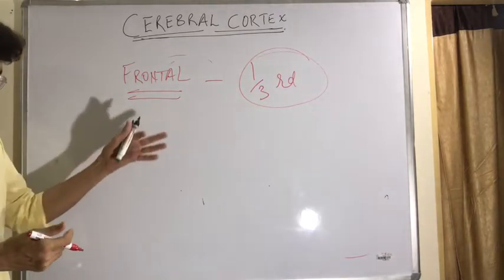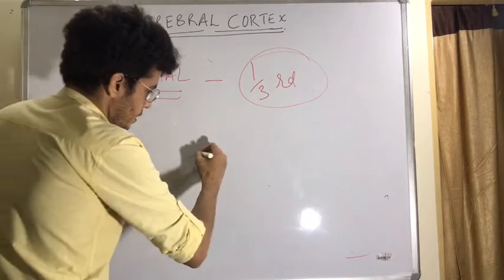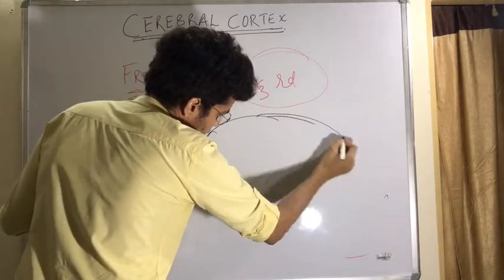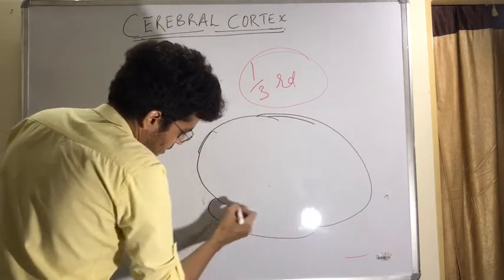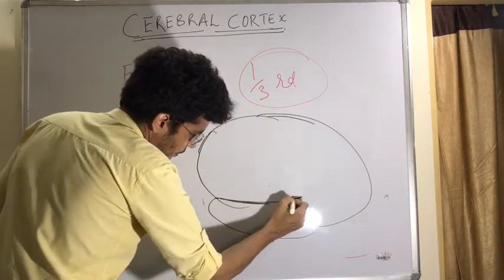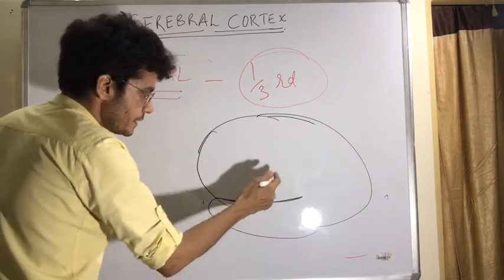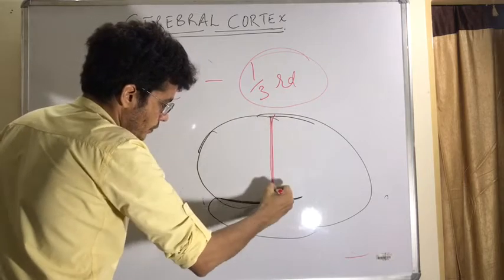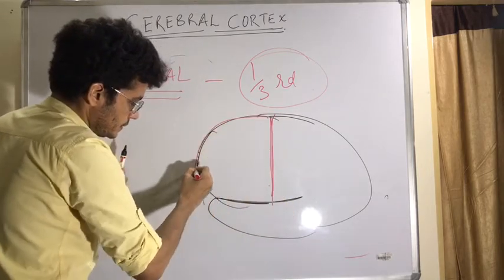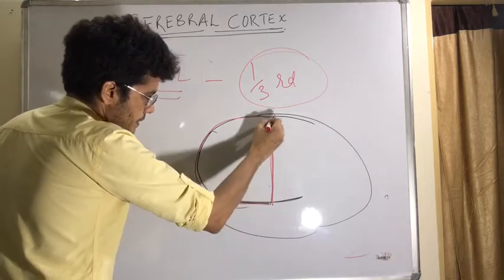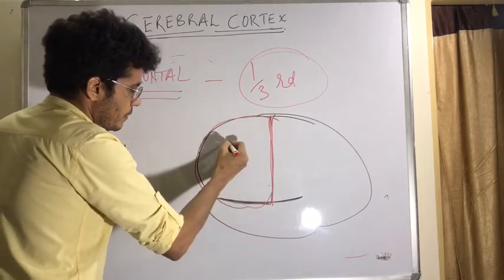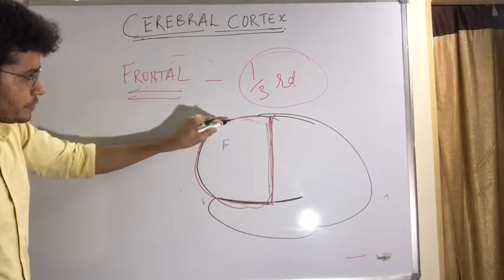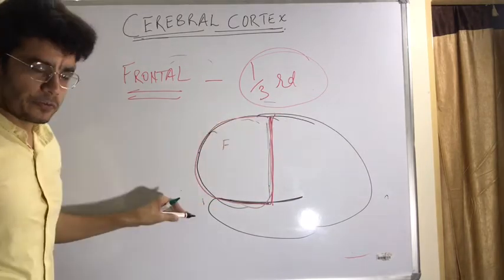If I try to draw the diagram of the lateral aspect of the cerebral hemisphere, there were two sulci: the lateral sulcus of Sylvius, and the central sulcus of Rolando. This area of the cerebral cortex is known as the frontal lobe, and this is the central sulcus. It constitutes one third of the entire cerebral hemisphere.